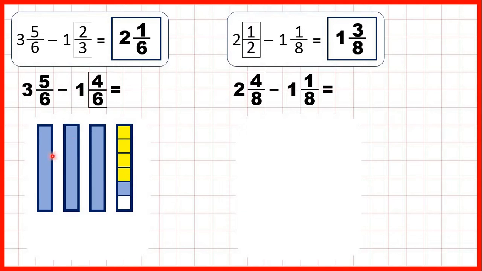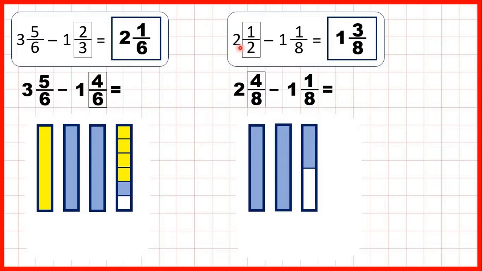We were also taking away 1 whole, and that left us with our answer of 2 wholes and 1/6 left in blue here. Then we had 2 and 1/2. We saw that 2 and a half is the same as 2 and 4/8. So we were subtracting 1/8, then we subtracted 1 whole, and that left us with 1 and 3/8 as our answer.